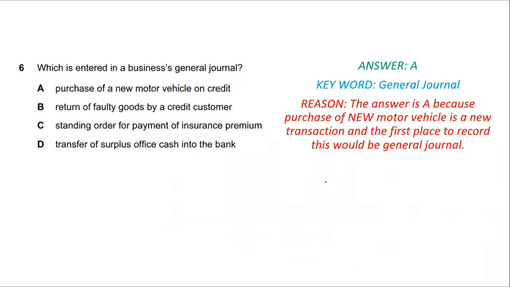Multiple choice number 6. Which is entered in a business's general journal. So this is talking about journal entries, and journal entries is the very first or the starting point of any new financial transaction in the business. So we would go through these options A, B, C, and D, and look through which one is a journal entry and which one is not.